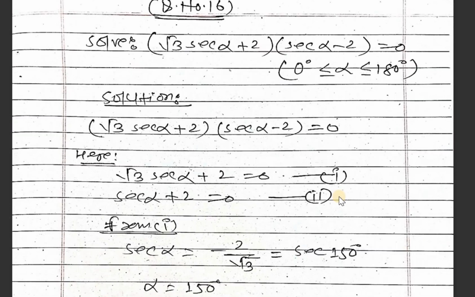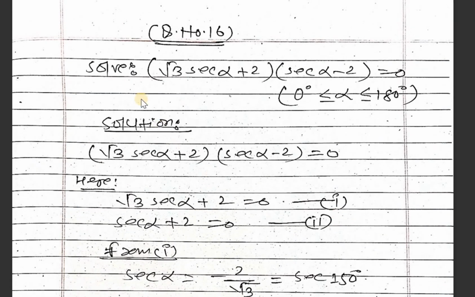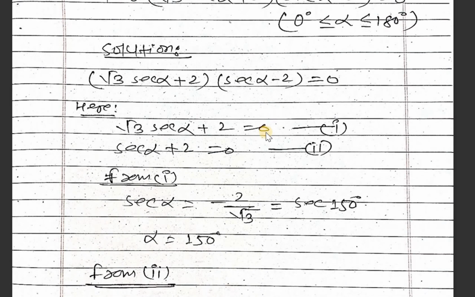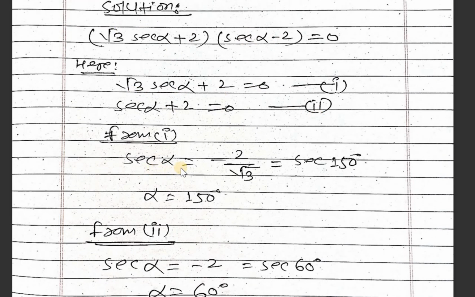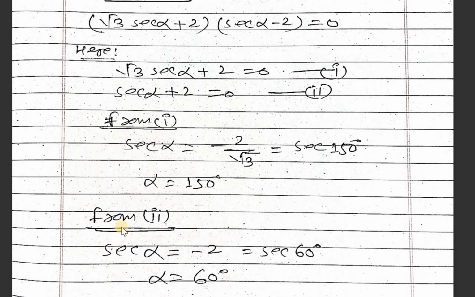And the next problem is, solve (√3 sec α + 2)(sec α − 2) = 0, and the value of α lies between 0 to 180 degree. This is already given in the question, and this is equation 1 and this is equation 2. From 1, sec α = −2/√3, that is sec 150, therefore α = 150.